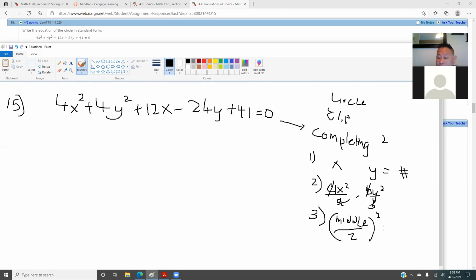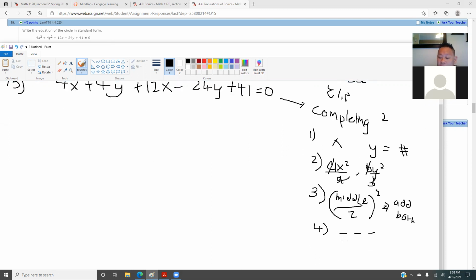This number, you have to add to both sides of the equation. And then you will find out that you get 3 terms here, and these 3 terms will be able to factor, and your factor will be a perfect square.